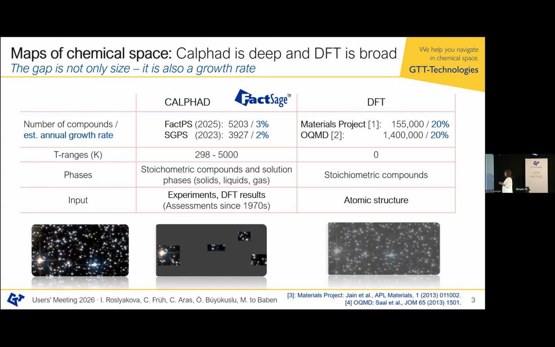If we look at the numbers, in these two different data worlds, on one side we have CALPHAD. These are very reliable databases, but with a limited number of compounds present. If you also consider the data growth, it's not so big, because you need expert knowledge to grow and develop these databases, which has also been shown in many presentations here. On the other side, we have DFT data, which is a really large bunch of data, and it's also growing much faster than CALPHAD databases.